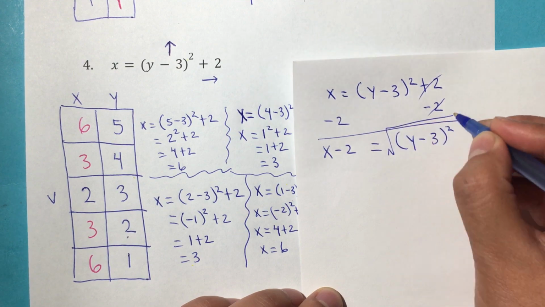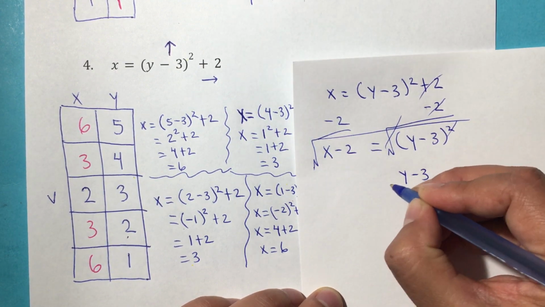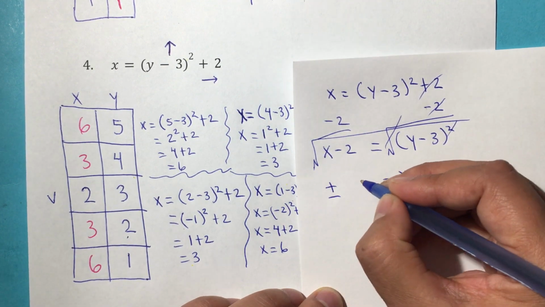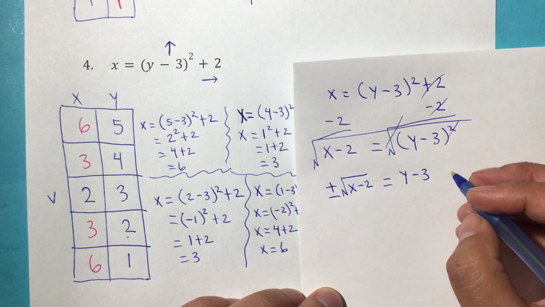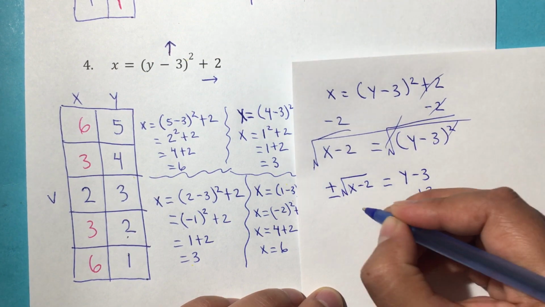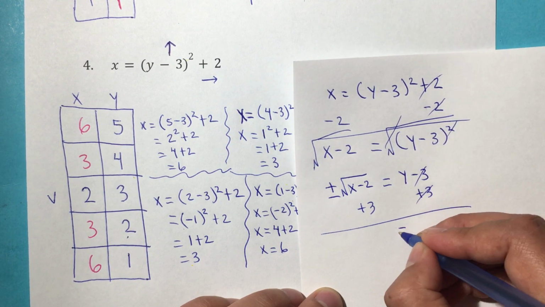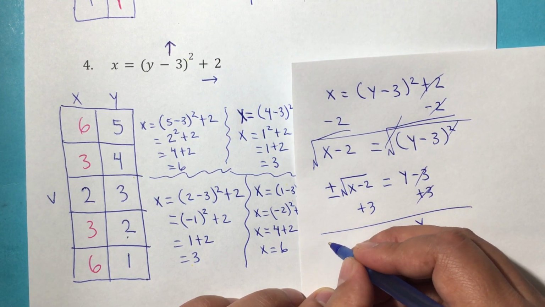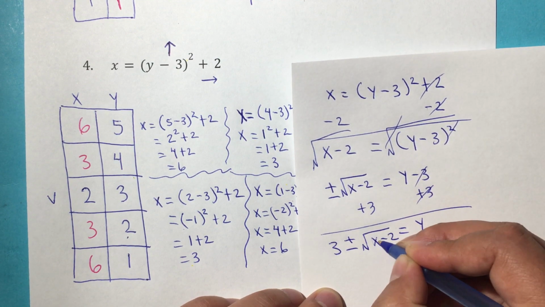Then you take the square root of both sides, and you get y minus 3 equals plus or minus the square root of x minus 2. Then you're going to cancel the 3, and y will be equal to 3 plus or minus the square root of x minus 2.